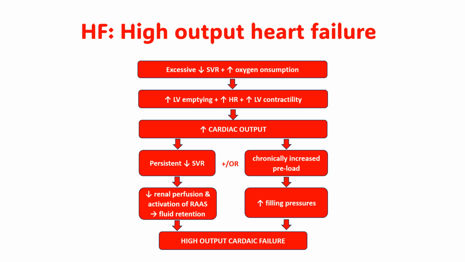Sometimes you can have arteriovenous malformations and fistula, and essentially what you get is bypassing of the arterial and capillary circulation. Blood is bypassing the arterial circulation and going straight into the veins.